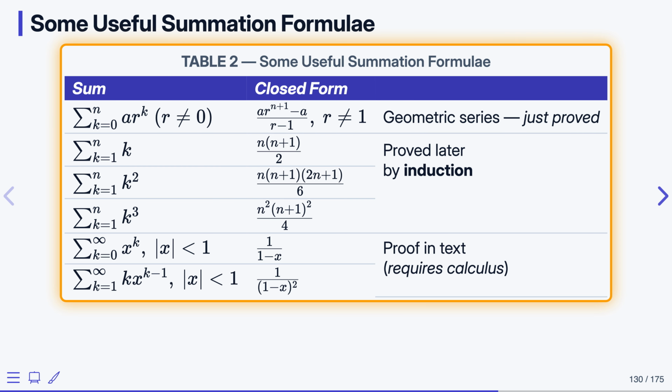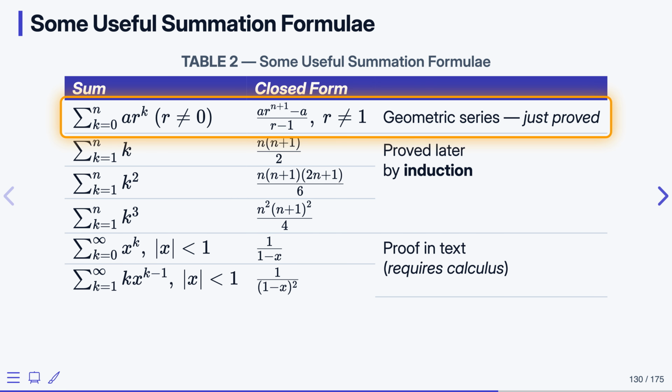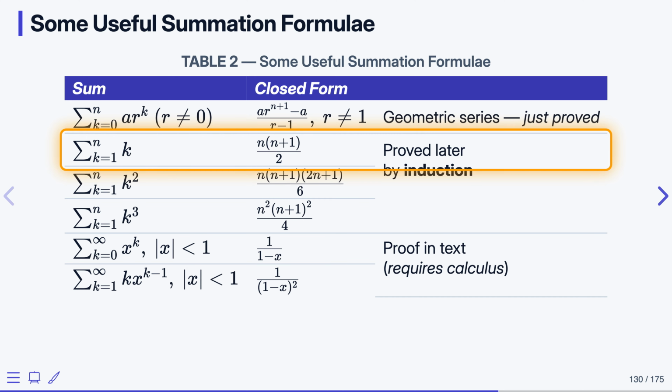This table collects the summation formulas you will use most often, so keep it handy. The first row is the geometric series we just proved. The sum from k equals 0 to n of a times r to the k equals a times r to the n plus 1, minus a, over r minus 1, when r is not 1. The next three rows are sums of powers of the counting numbers.